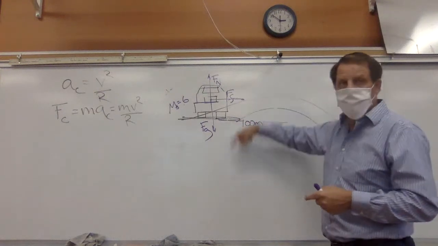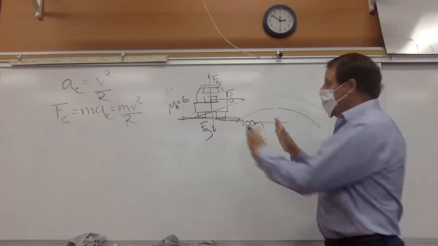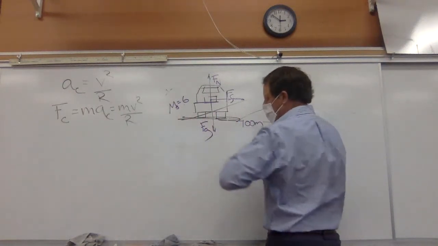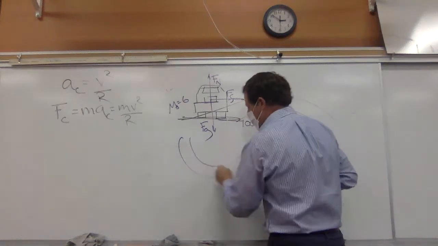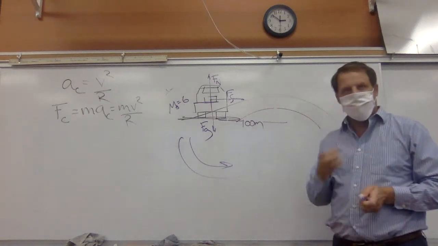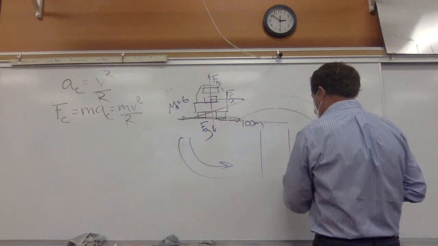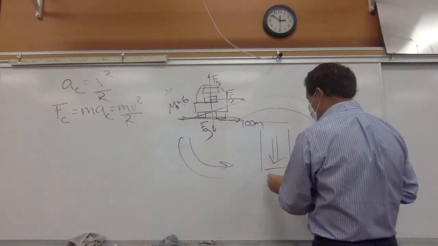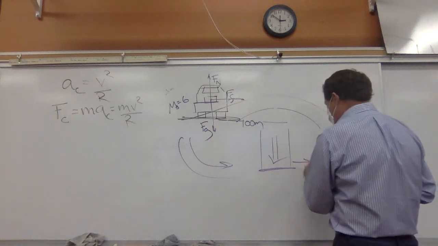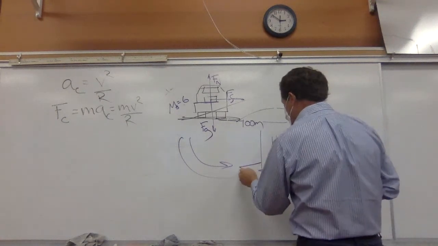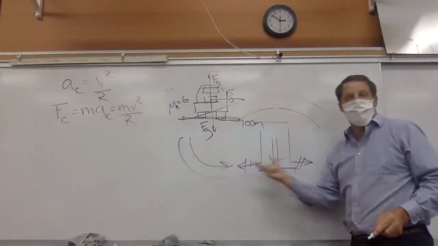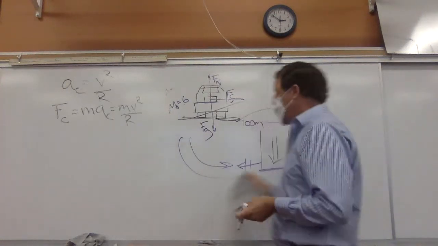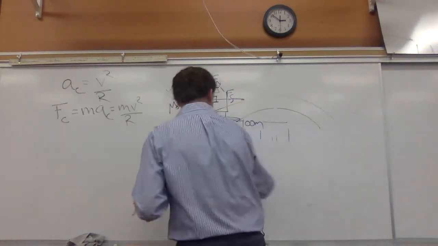Even though the tires are rotating this way, any motion that would cause it to slip would be this way. You can have a tire that is rotating, but from a different view, there is no movement left or right unless you start to slip. So that would be static friction.